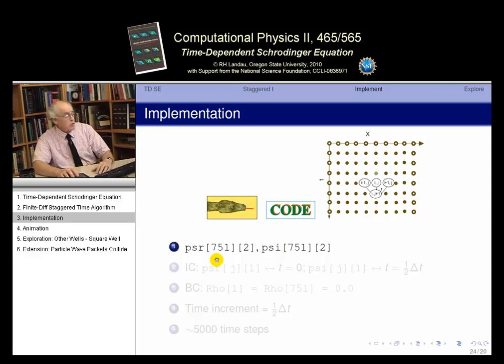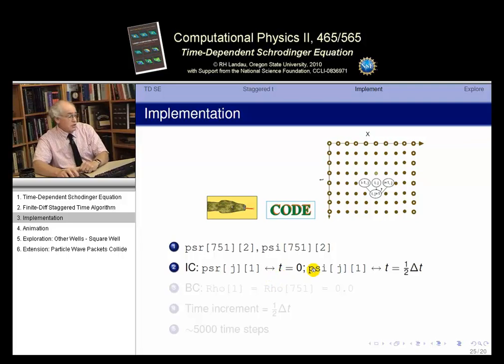The sample code we give you has the wave function real part and wave function imaginary part, with approximately 750 space nodes, so not too many. You could use more, but it's good enough to see the effect with some precision. It has a second index, which indicates the time: present, future, how we move ahead.